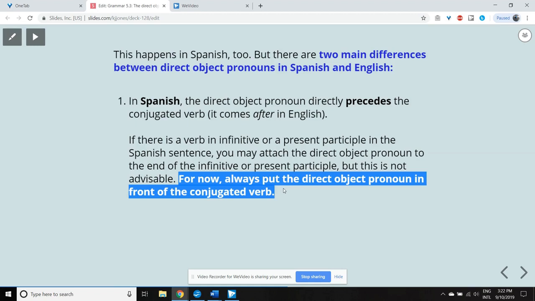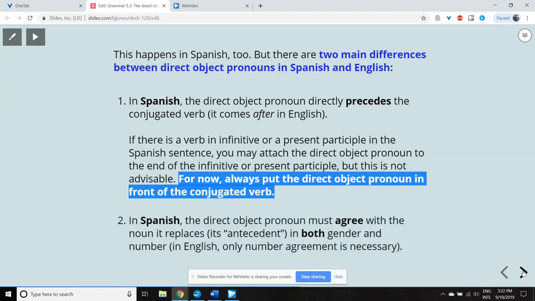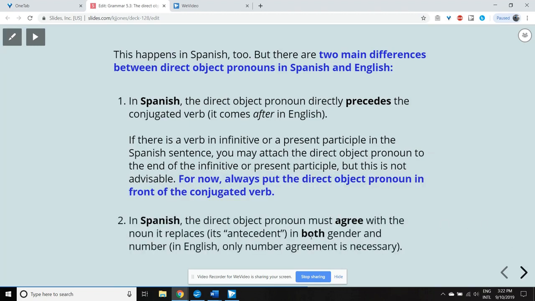And remember, this is not the same word order as in English. Also in Spanish, the direct object pronoun must agree with the noun it replaces, again, which is called its antecedent, in both gender and in number. Okay? In English, like we just saw with them, only number agreement is necessary. We use them to replace instructions because instructions is a plural noun.